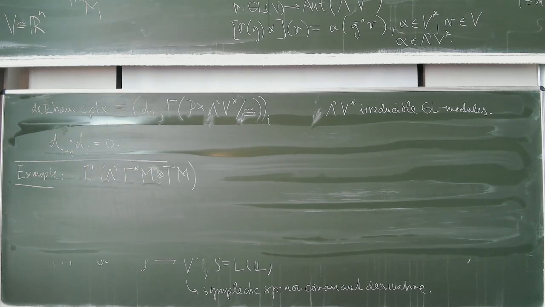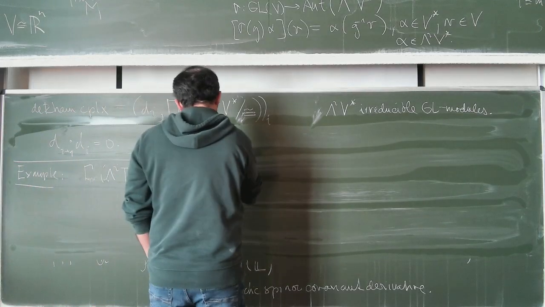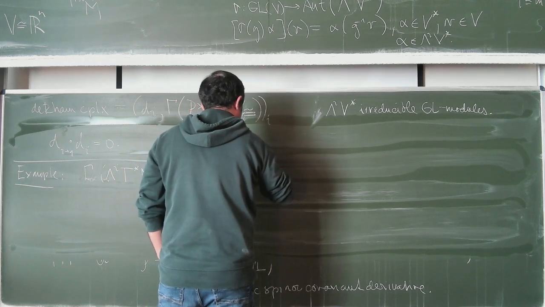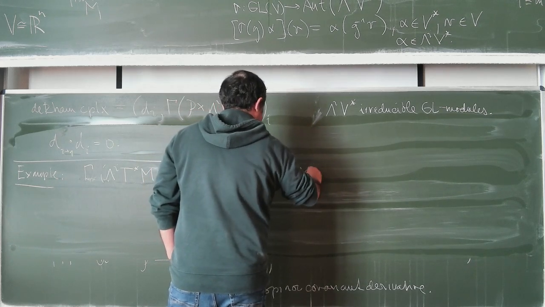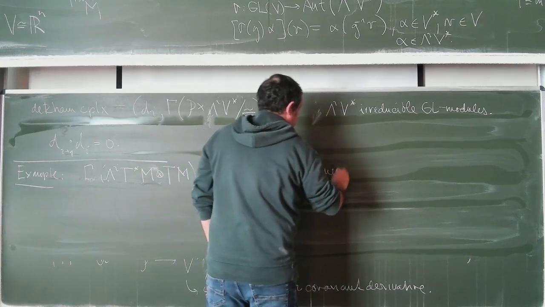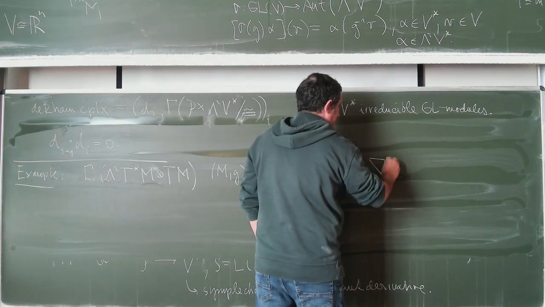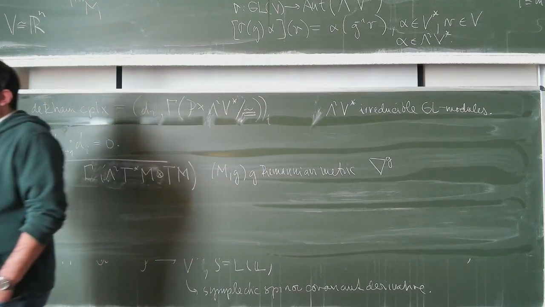We don't actually know how to differentiate. So let us suppose that M is a Riemannian manifold, so with a Riemannian metric g, as usual, and let nabla be the Levi-Civita connection.